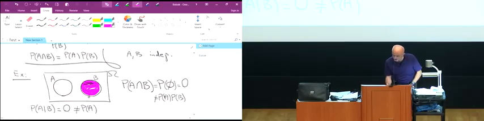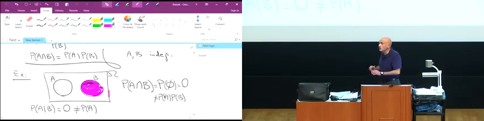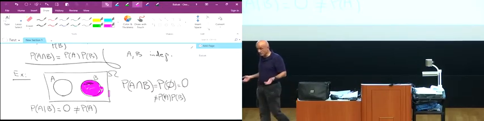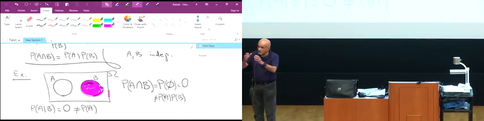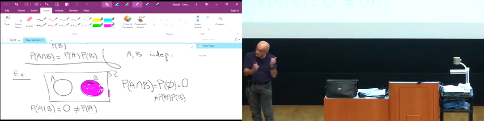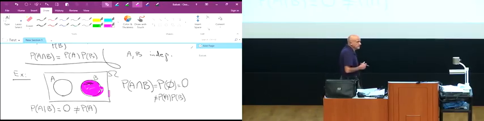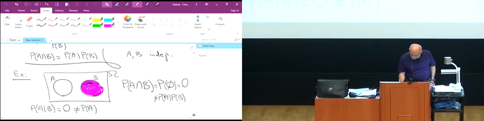This is your conditional sample space. Now you're dealing with all the elements that are sitting in B. And so you have to rescale all your probabilities so that the probability in that new conditional space, purple here, sums to 1. Okay?